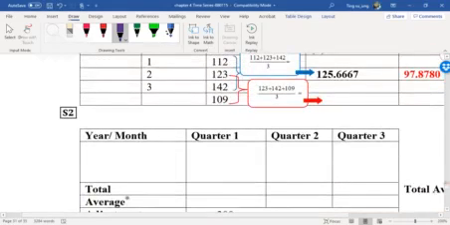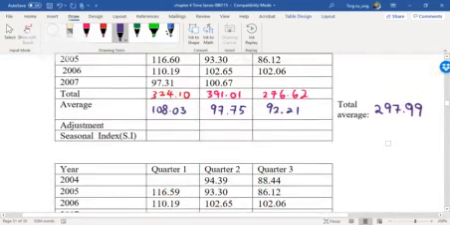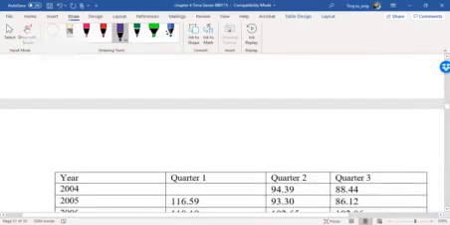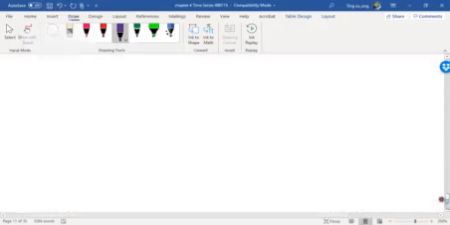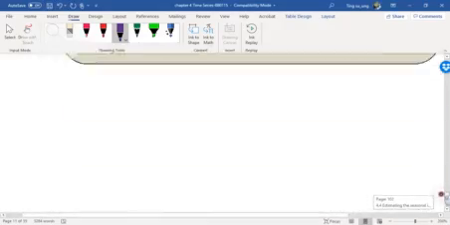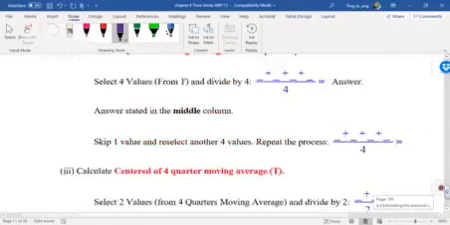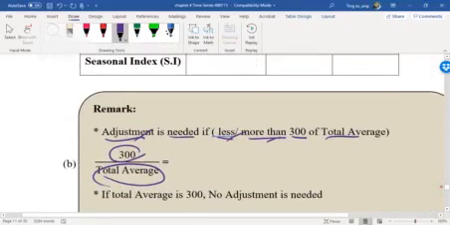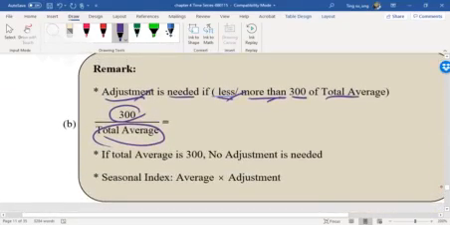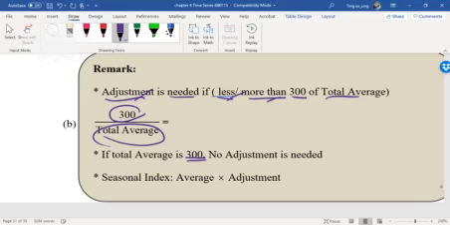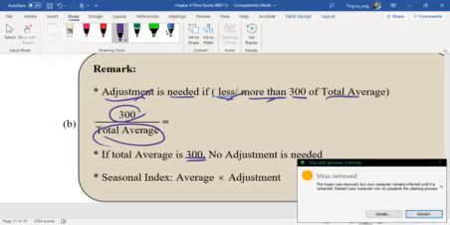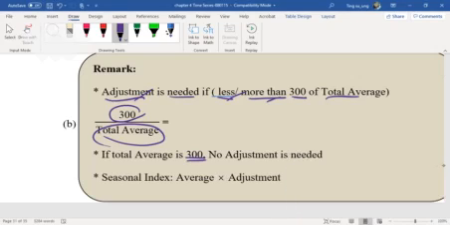I previously highlighted also: if the total average is exactly 300 because it's already perfect, then no adjustment is needed here. So how to get your seasonal index: it is your average multiplied with your adjustment.